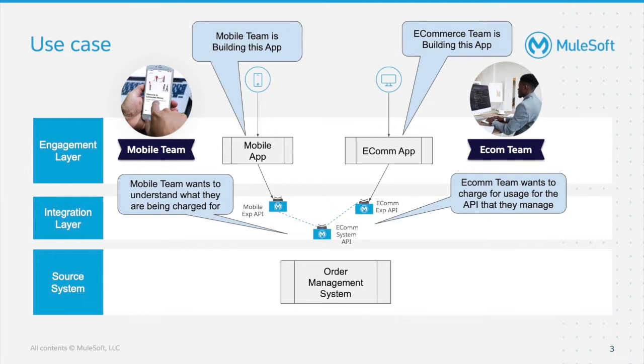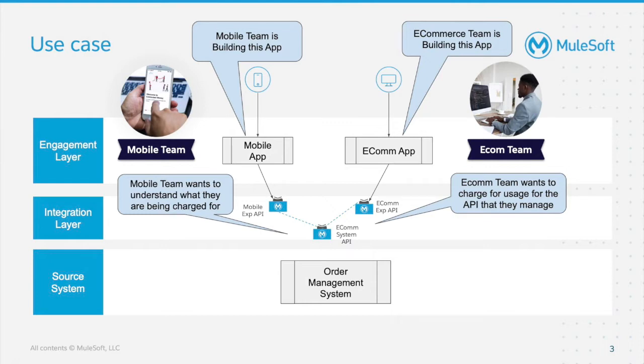To realize this chargeback model in MuleSoft, we have taken a use case our prototype is built upon. You can see there is a mobile team and an e-commerce team who have built an experience API and are reusing an existing system API for placing, updating, or deleting orders in a backend order management system.